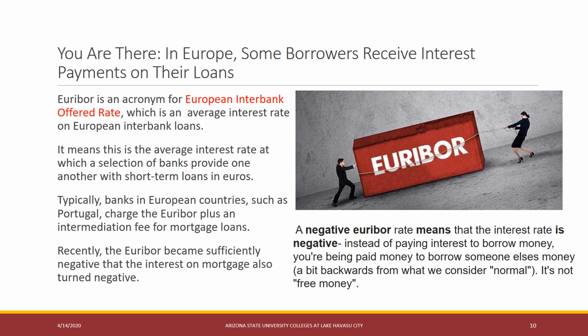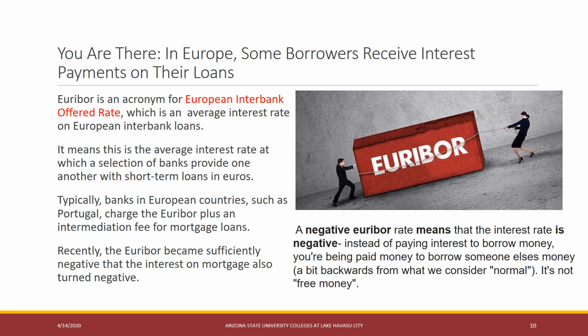In Europe, some borrowers receive interest payments on their loans. There is a concept called Euribor, an acronym for the Euro Interbank Offered Rate. It is an average interest rate on European interbank loans.